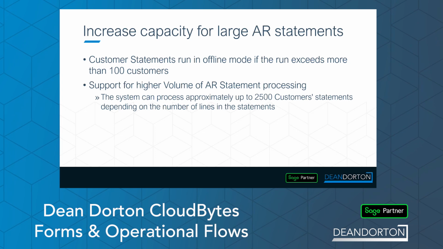Well, if you've got that scalability and you can handle more transactions, the statement processing system has been a limiter, where some companies have had to break it out into different sections and run some statements at one time and some at another. They're really beefing up their capability across the system to allow companies to produce these statements for their customers in larger batches. So that's nice to see.